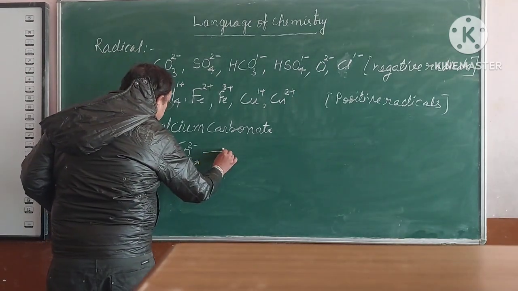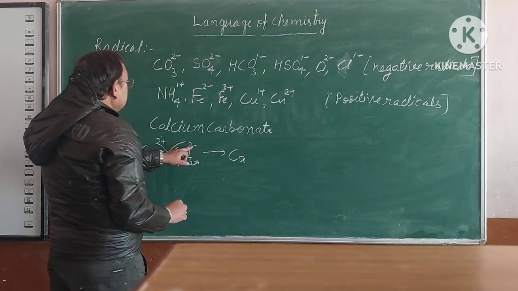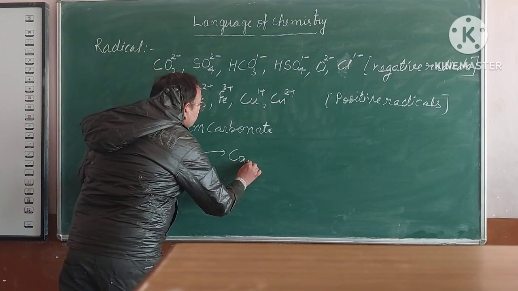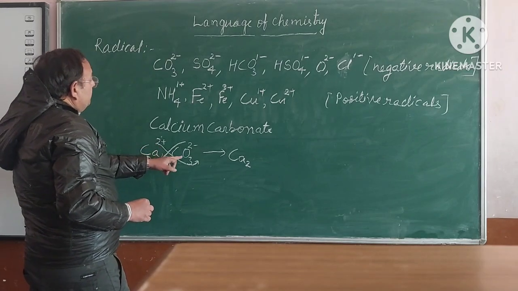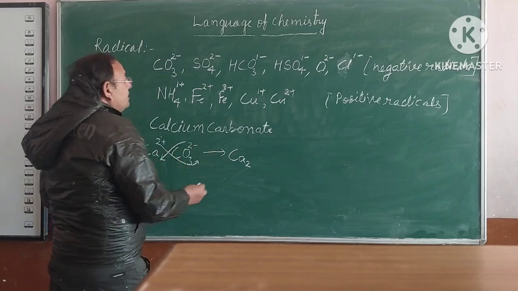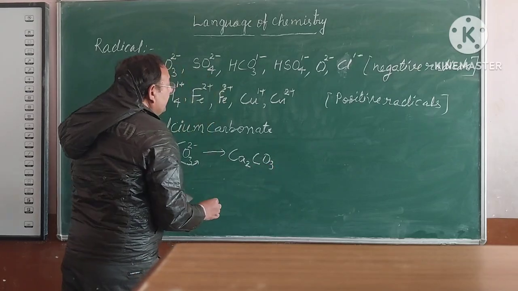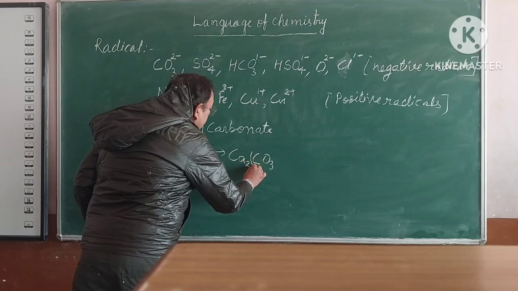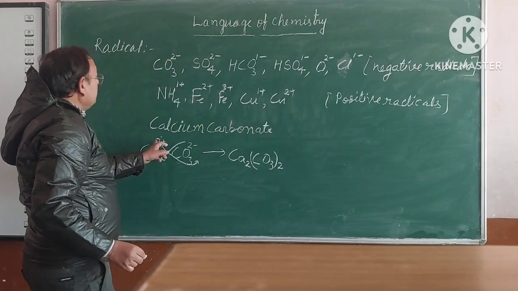Now this will be like this: Ca, this 2 to come below Ca in small case, Ca2, and this 2 will come to the right side of the carbonate, CO3. This carbonate radical is made up of a group of atoms, so we will take the bracket like this, and then after we write the number of charges.